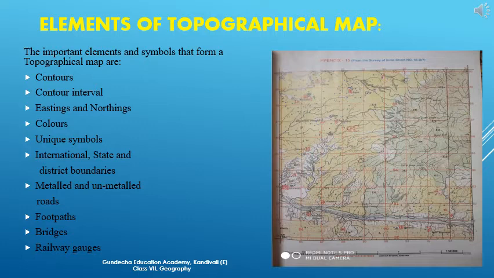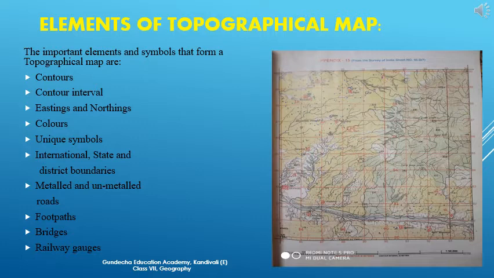Apart from all these, the topographical map also has few special elements like contour, contour intervals, eastings and northings, different contours and unique symbols, international, state and district boundaries, and also few man-made features like metalled and unmetalled roads, footpaths, bridges, and railway gauges.